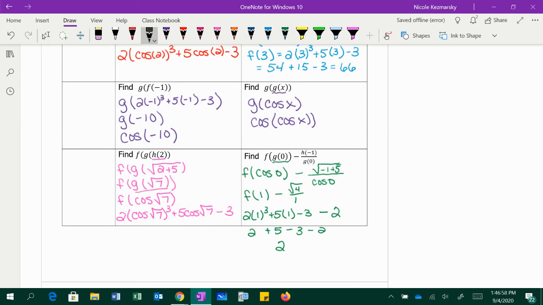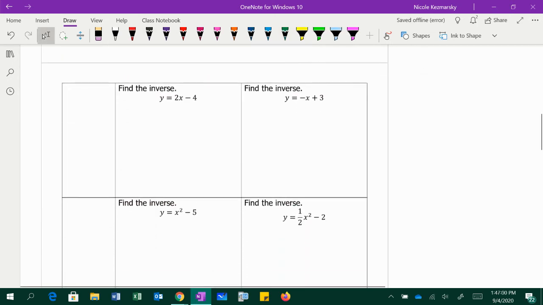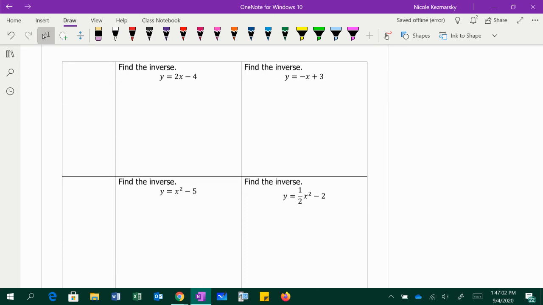Next page, finding inverses. The trick to finding inverses is to remember that inverse just means switch your x and your y. So for this first example, I'm going to turn the x into a y and vice versa. So this is going to become x equals 2y minus 4. And to make it look like a function that we're used to seeing, we're going to solve this for y.